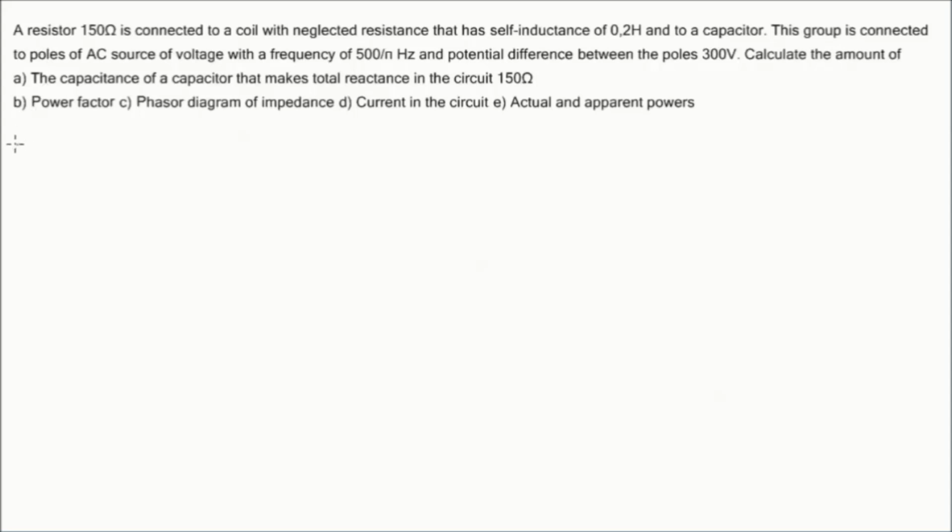It means if the total impedance Z equals 150 ohm, and we know from the question it's equal to R. When Z equals R in an RLC circuit, it means XL equals XC.